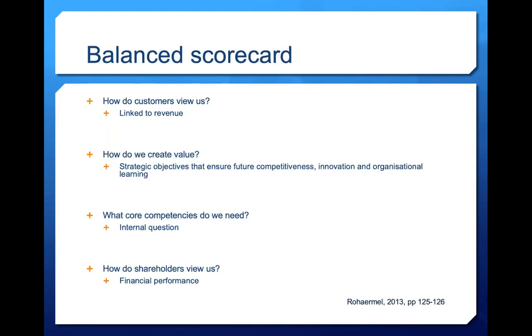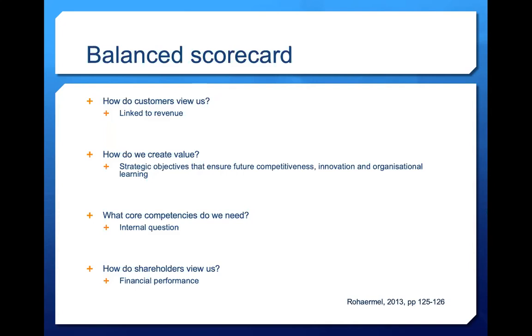And just briefly again about the balanced scorecard. It is about how customers view us, which is linked to the revenue of the organization, and how we create value, which is related to the strategic objectives that ensure future competitiveness, innovation, and organizational learning.